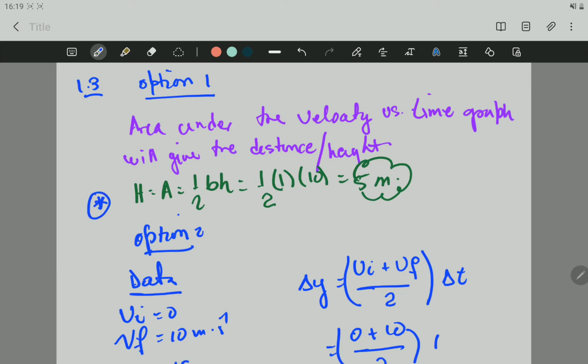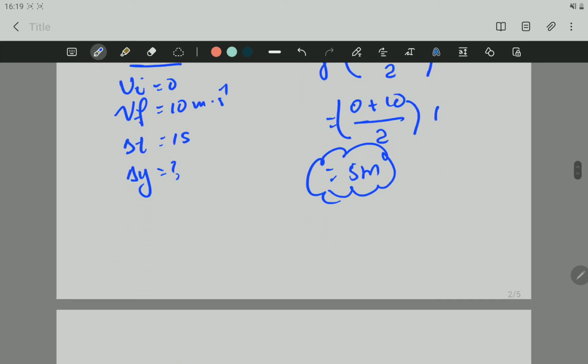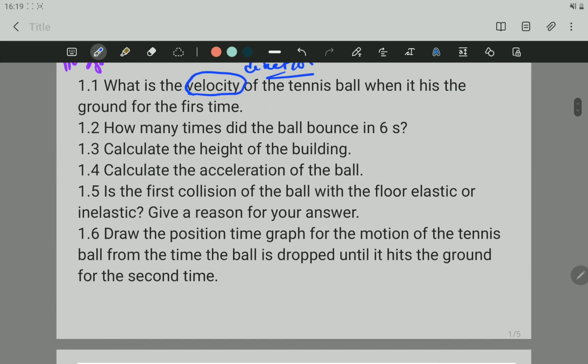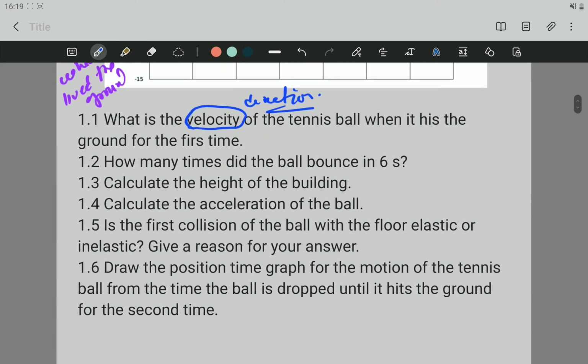Okay, so let's go to question 1.4. Question 1.4 is the one that asks about calculating the acceleration of the ball.